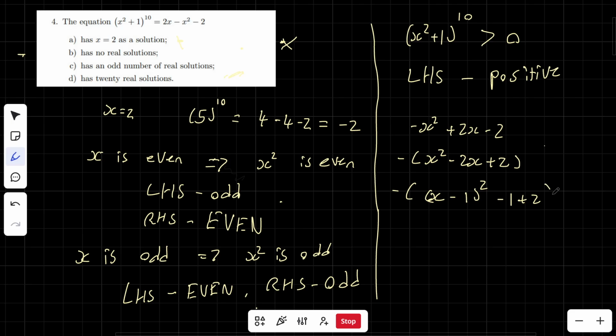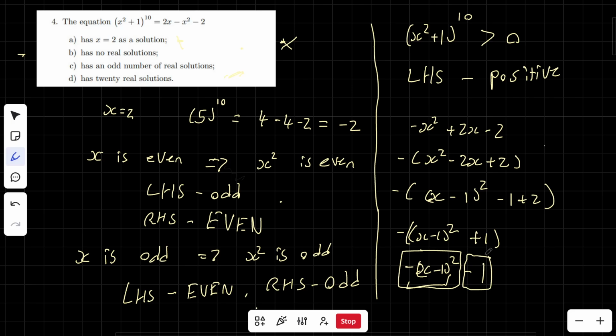So this is minus (x minus 1) squared plus 1. Notice that (x minus 1) squared is always going to be positive because it's a squared number. So minus (x minus 1) squared is always going to be negative. And when you minus 1, again, it's always going to be negative. So this is always going to be less than minus 1.